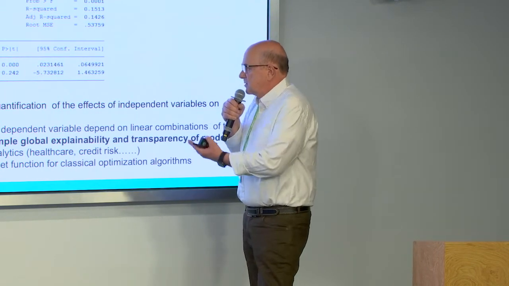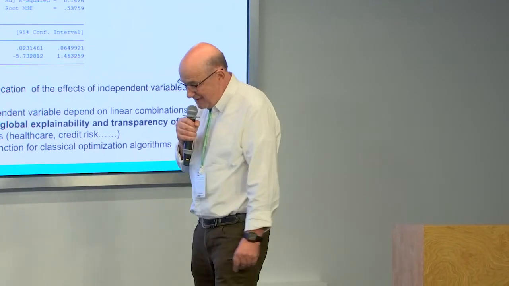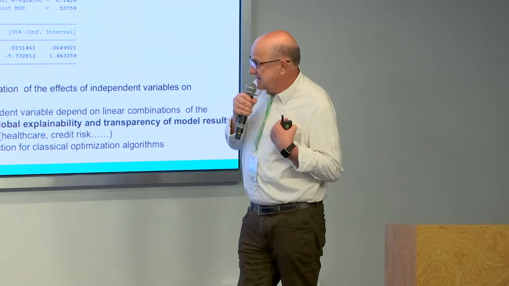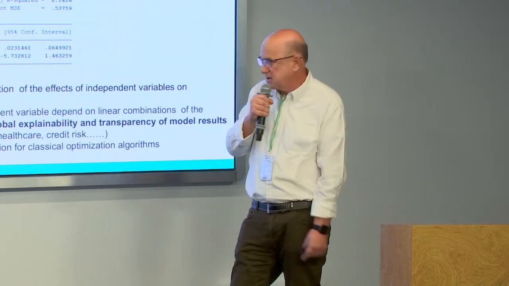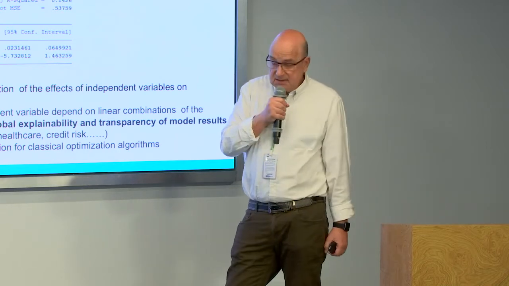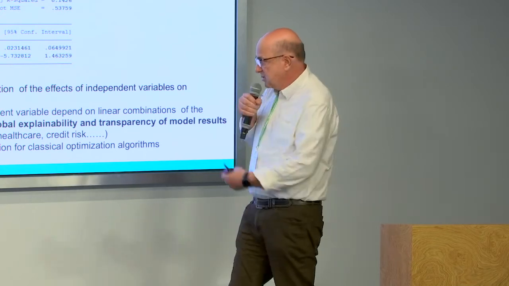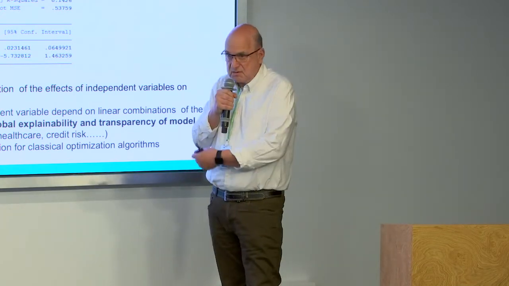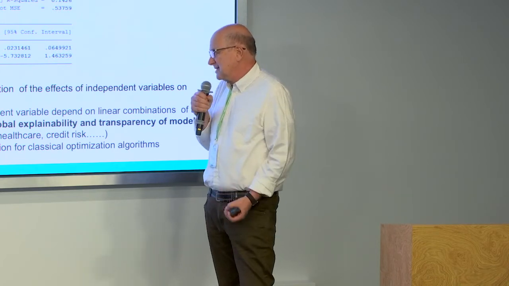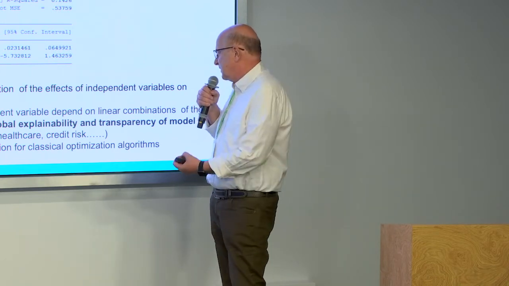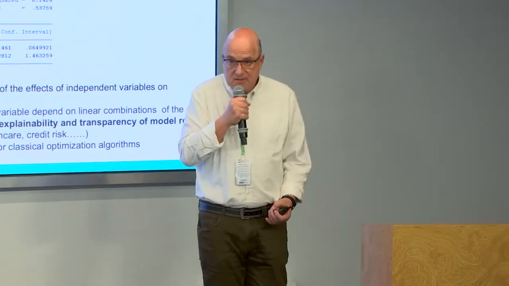So what are the characteristics, from the point of view of explainability as I see it, of linear regression or classical statistical models? First, it's based strongly on probability theory. So once we are doing linear regression or logistic regression, we can do hypothesis testing and quantification of the effects of independent variables on the dependent variable.